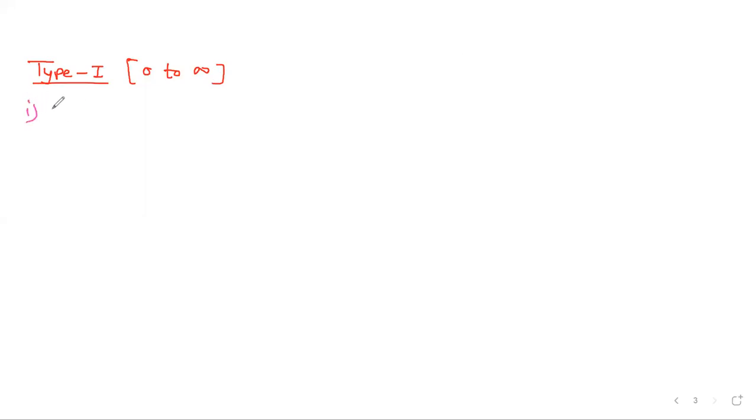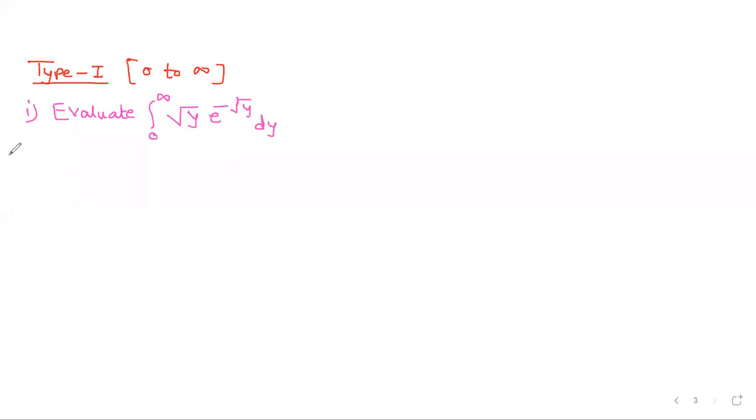Evaluate integral from zero to infinity of e raised to root y, e raised to minus root y dy.